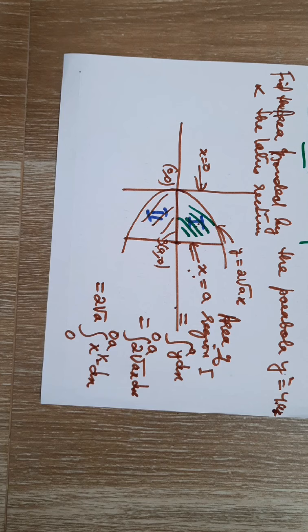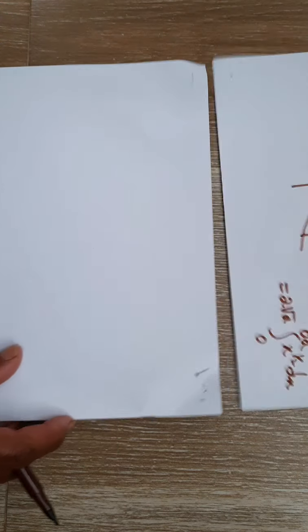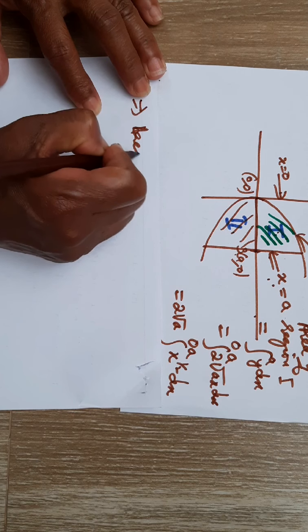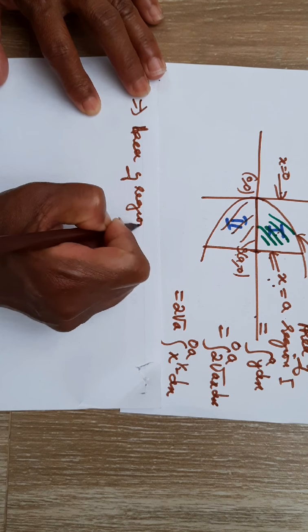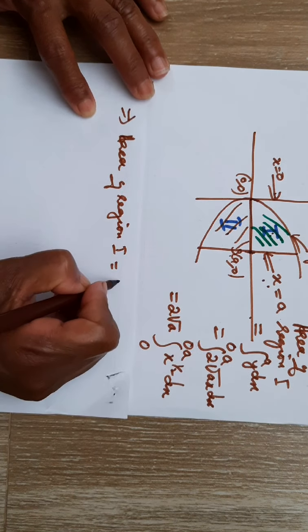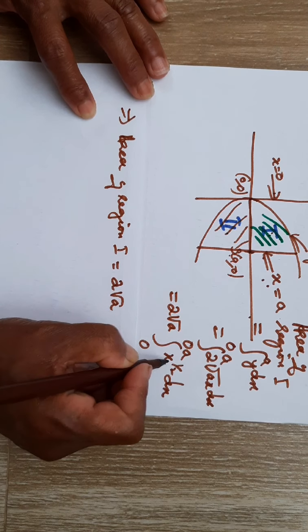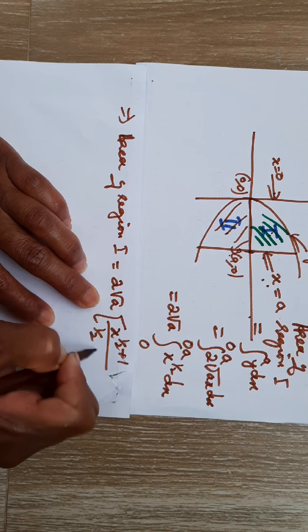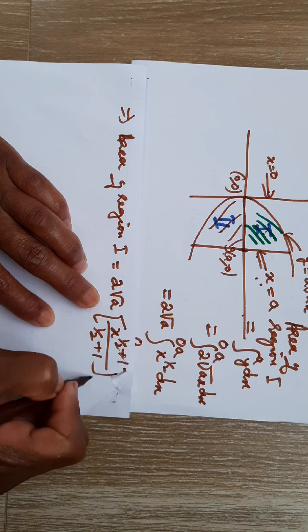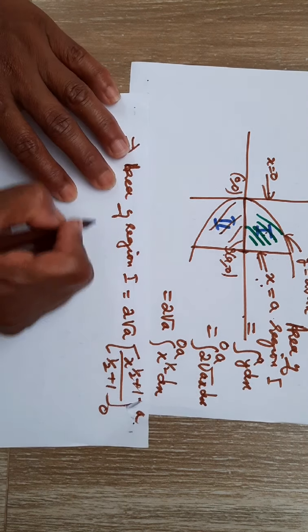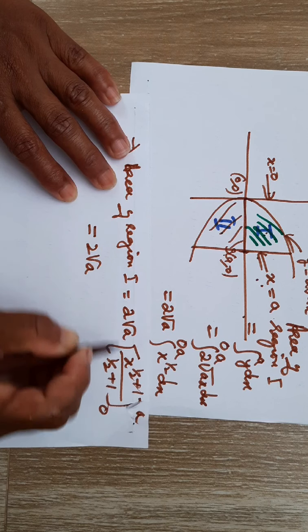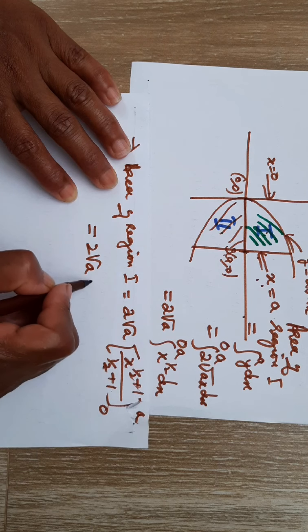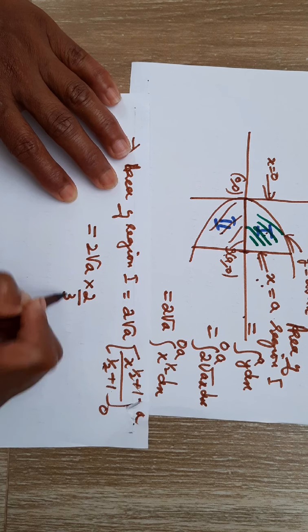Let us find the value. The area of region 1 is equal to 2 times root a times the integral of x to the power half, which is x to the power half plus 1 divided by half plus 1, from 0 to a. In the denominator you get 3 by 2, and 2 comes to the numerator, so you get 2 by 3.